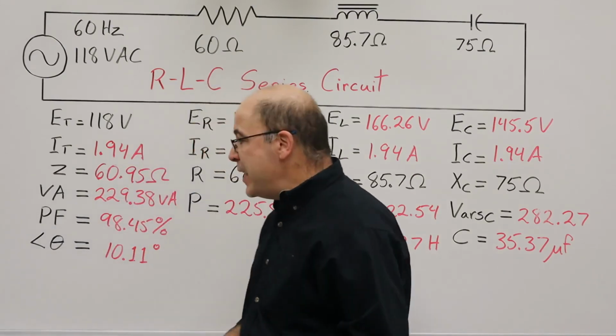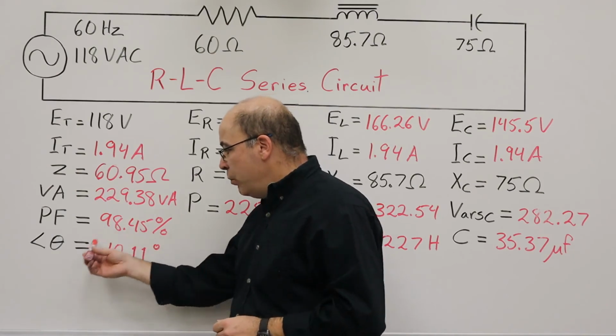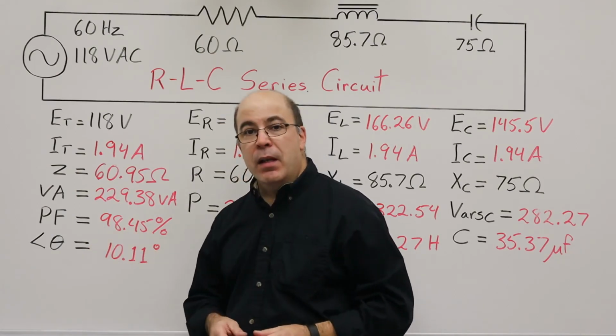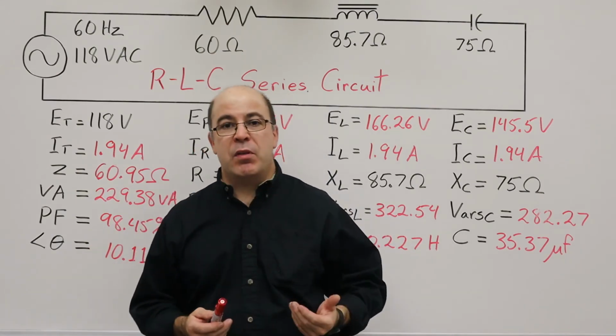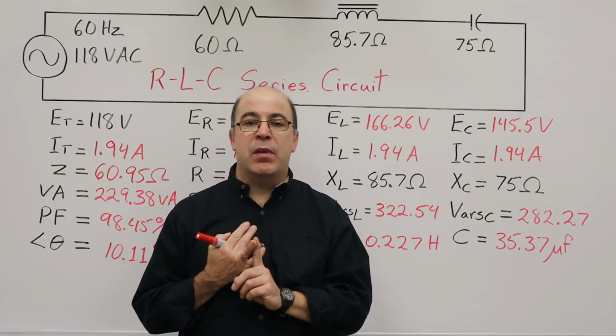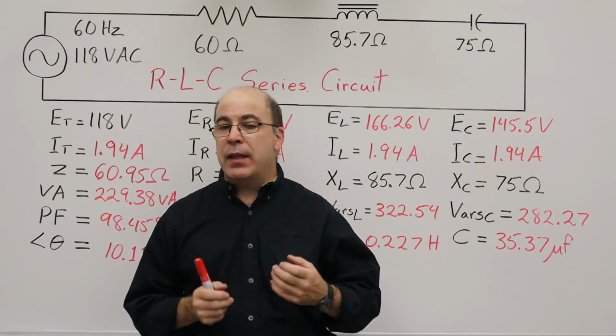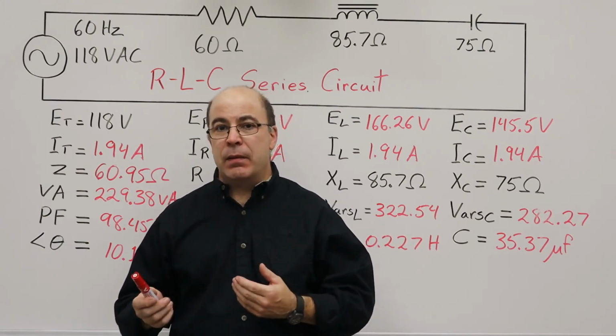One of the things we need to understand, though, is this power factor, and more importantly, angle theta. Because I'm working with a circuit that has both inductive and capacitive components, and we've seen through this process, mathematically, one will negate the other.